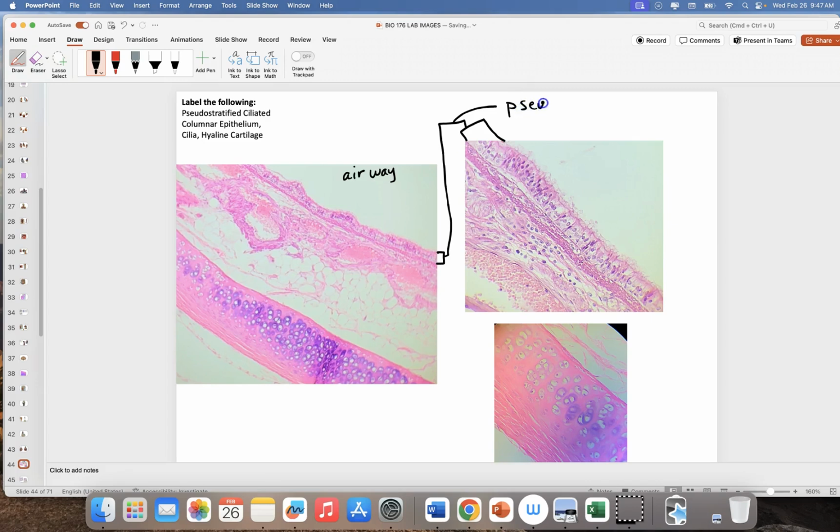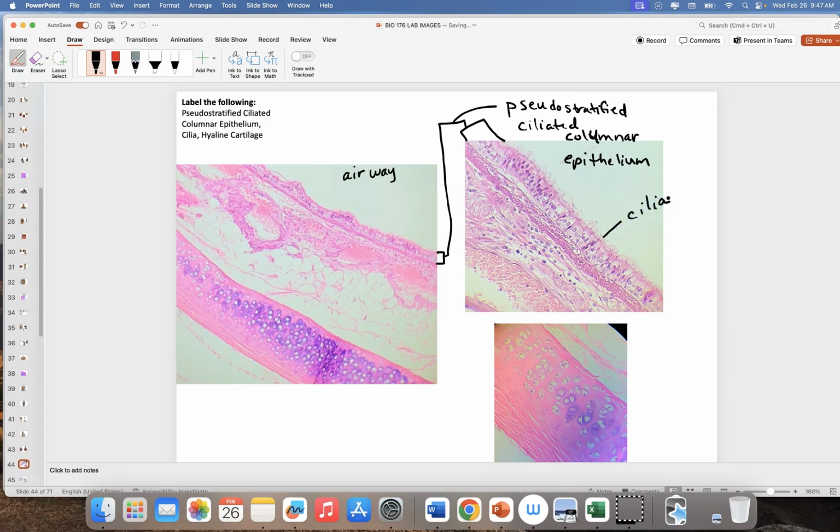And I will label that for us. And we can see on the edge here, these little hair-like structures. Those little hair-like structures are going to be our cilia.